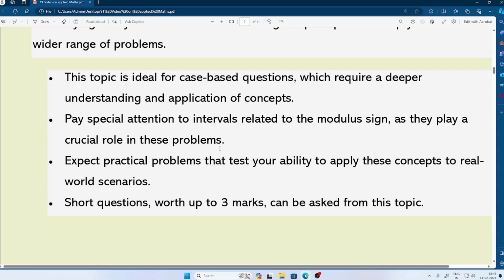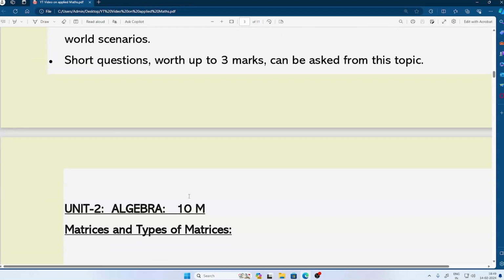Wherever there is a chance of explaining a situation and then asking a question, it will be a 4 mark question. And that is not straightforward. You have to understand the situation, what they have mentioned over there, and then you proceed accordingly. So normally it works up to 3 marks, but case based questions can be there.